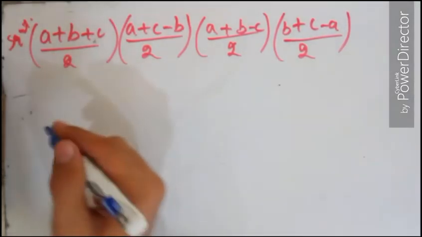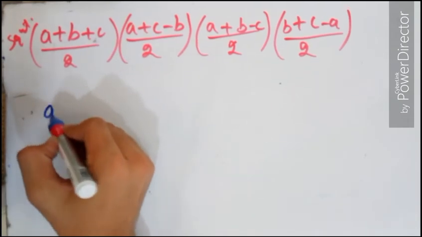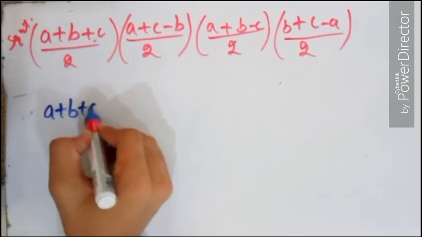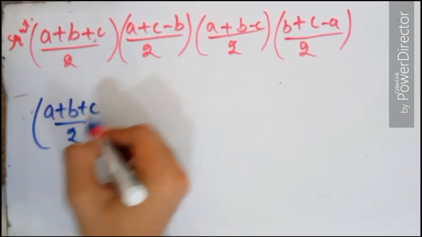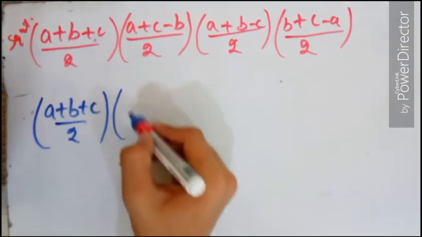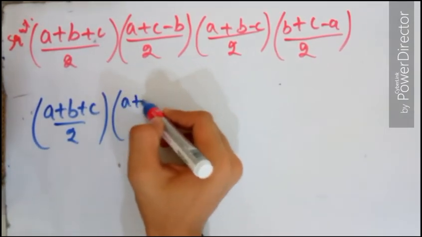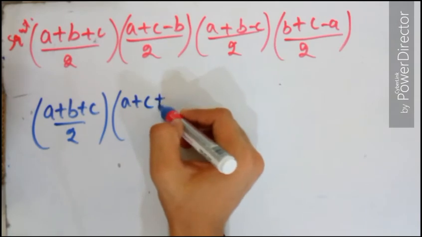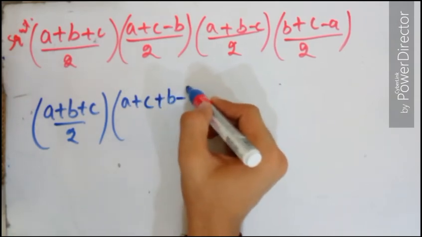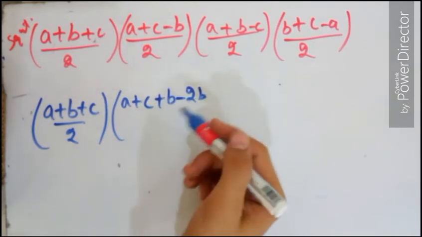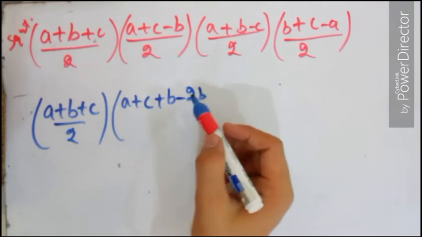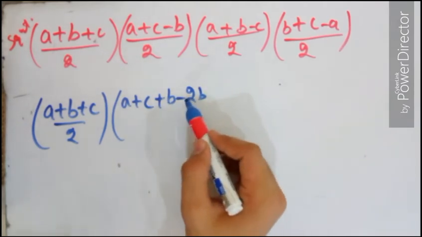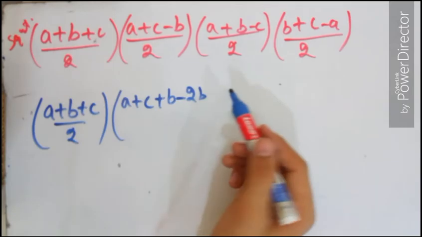So now I write this as it is, (a plus b plus c) upon 2, and I rewrite this as a plus c plus b minus 2b, and this is going to be equal to minus b only, because minus 2b plus b is equal to minus b.